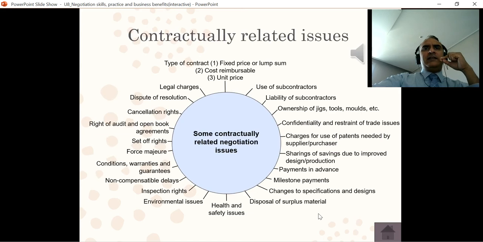So now in this case, we have the contractual issues. These are multiple. There's an infinity of contractually related issues because in the end, if we have a very vague contract, we can be easily abused. I'll give you a very simple example from your professional life, not so much supply chain, but when you decide to go for a job, you're supplying your service to a company.